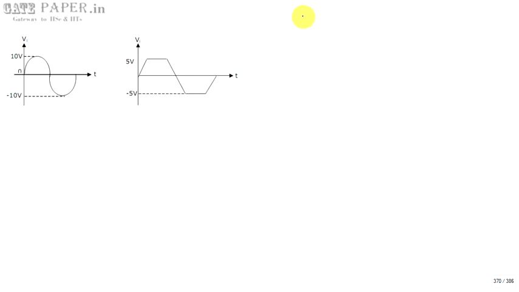from the transfer characteristics we have shown that V0 is equal to minus 5 volts when the magnitude of V input is greater than minus 5 volts. That is, V input is minus 5, minus 5.1, minus 6, minus 7, minus 8, minus 10, like this.